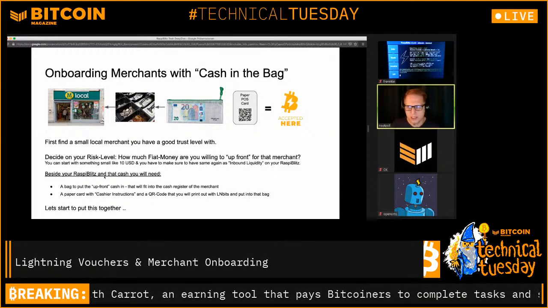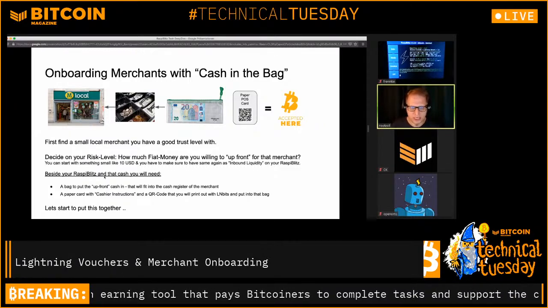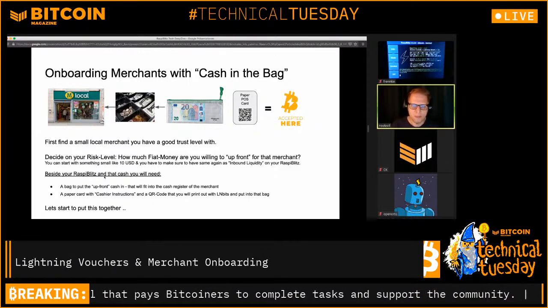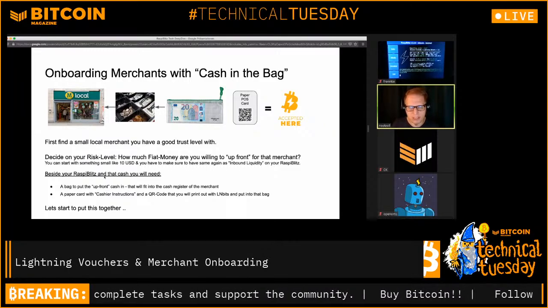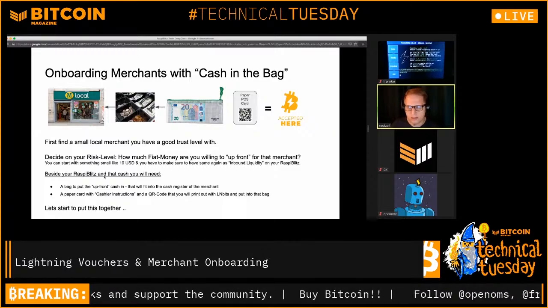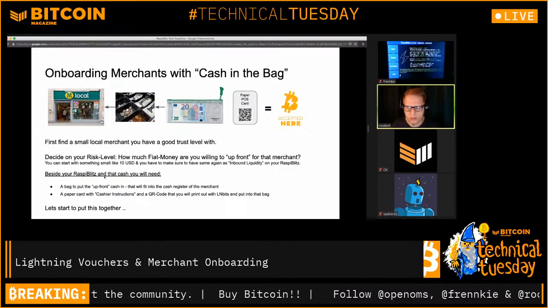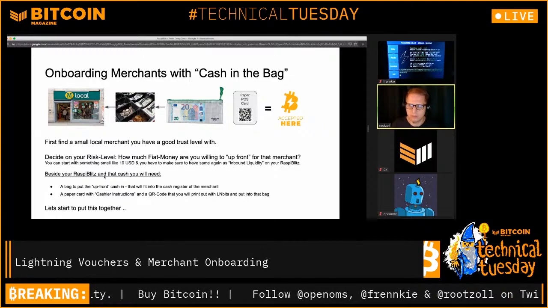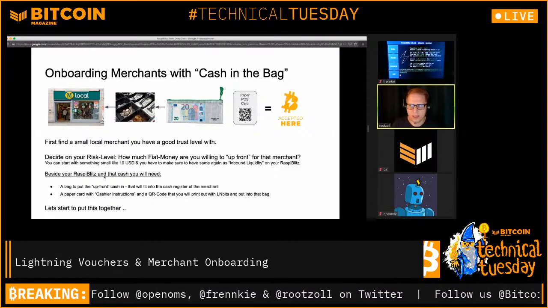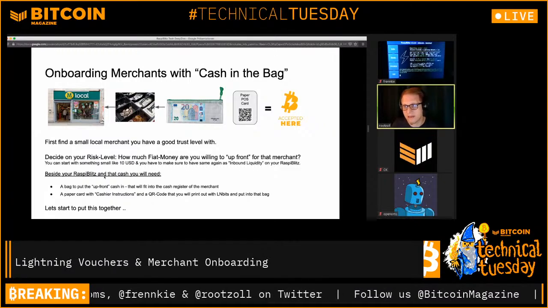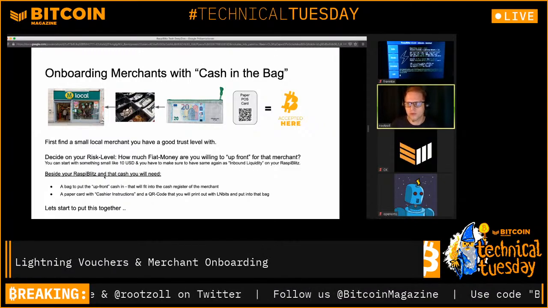And we would need a paper card that we call the cashier's instructions with a QR code on there, but this is also something you can print out with LNbits, so we'll show you in a minute. And this is all you need. So if you're willing to risk a little bit of cash here, or have a little bit of financial risk, and you have a RaspiBlitz running, this is something for you, and you can invest into a bag. This is something to try out.